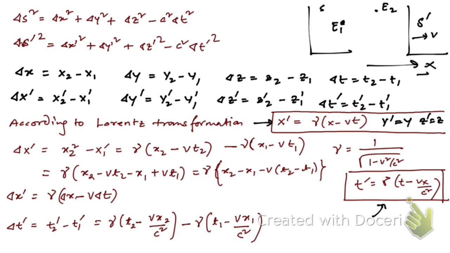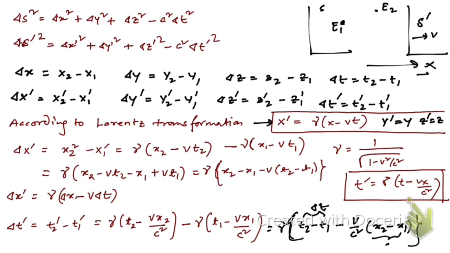Now let me simplify this. First, let's take gamma common. Within the bracket we're going to have t2 minus t1, then on taking minus v by c square common, we're going to get x2 minus x1. If you simplify, you're going to get this. So this is nothing but del t and this is nothing but del x.